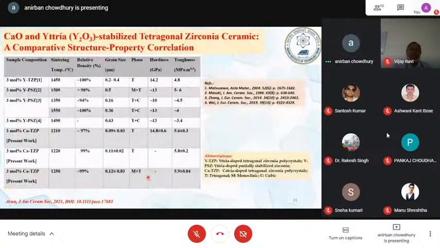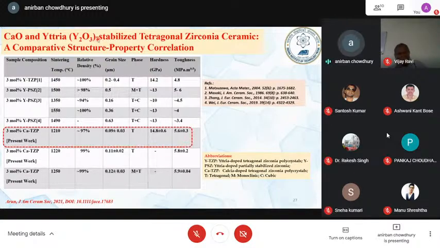Okay. Then, in terms of other properties, how does our system, that is CaO stabilized zirconia, compare with the popular grade made in the world today, that is yttria stabilized zirconia? So here is our work. What you can notice is that our hardness data is comparable.